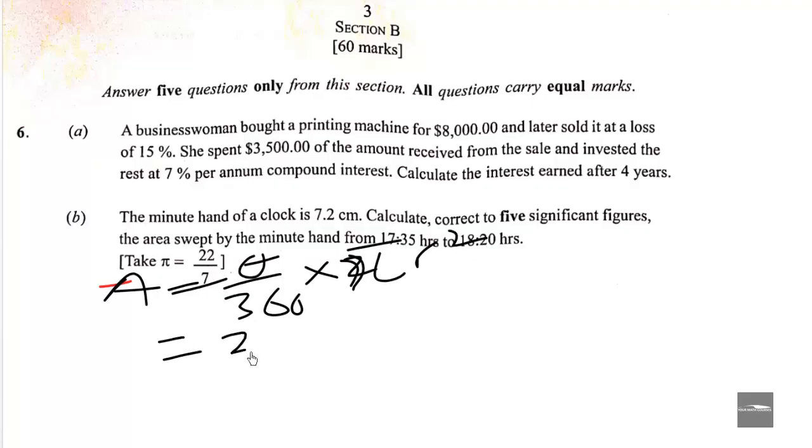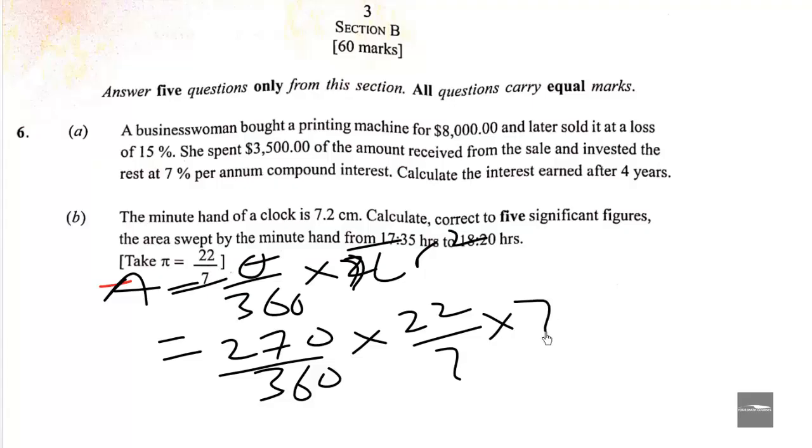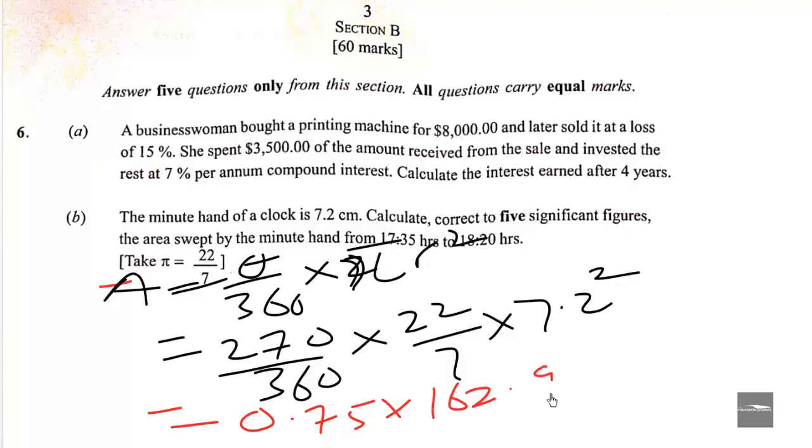So theta over 360, 270 over 360 times 22 over 7 times 7.2 squared. And that will give us 0.75 times 162.926, and this is going to give us 122.19 centimeters squared.